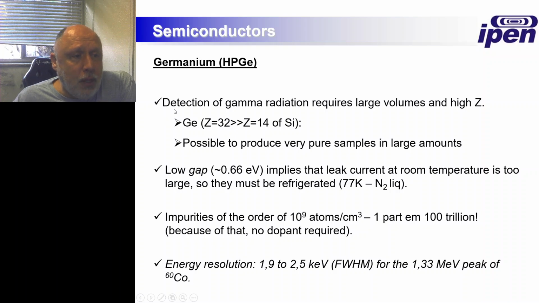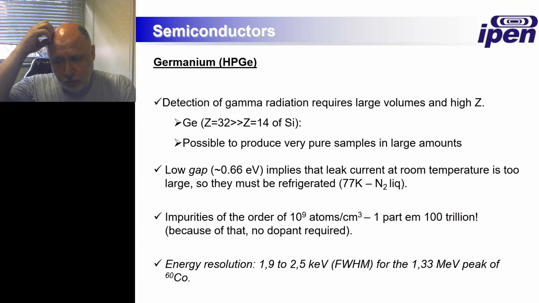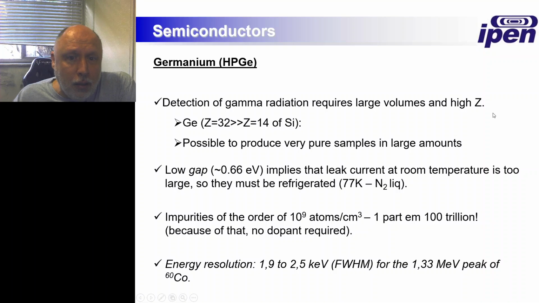Well, the detection of radiation requires large volumes. Remember, gamma radiation is very hard to stop, right? And high atomic number. Well, that's an issue, because with semiconductors you have very few elements you can choose from, the main ones being silicon and germanium. In this case, we must use germanium because its atomic number is 32 against 14 of silicon.